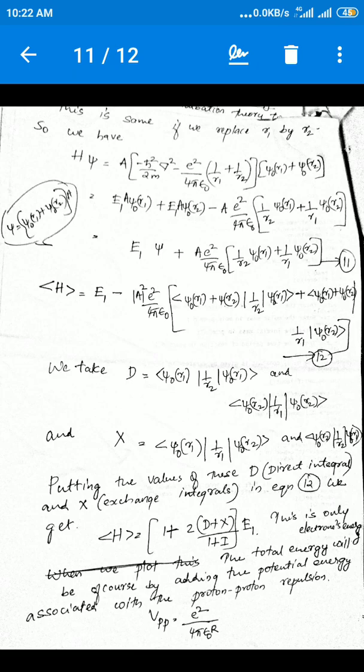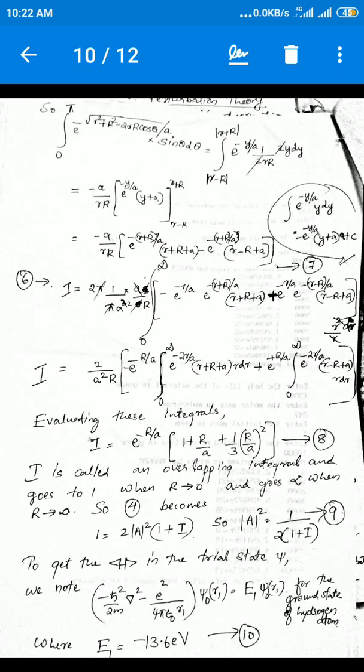Before that, in the hydrogen atom eigenvalue equation, we have written the eigenvalue E1, which is minus 13.6 electron volt, isn't it? So in this case, the proton and the electron in this hydrogen atom are at a distance r1.